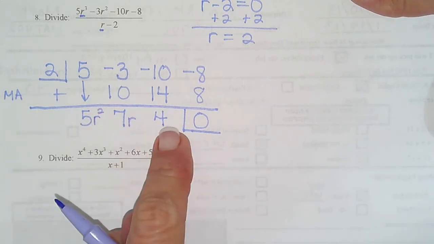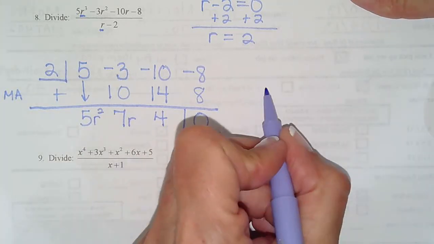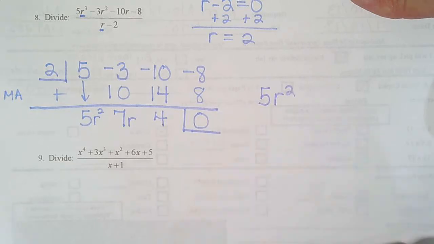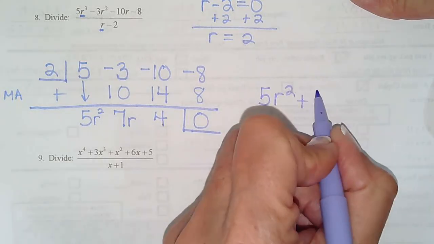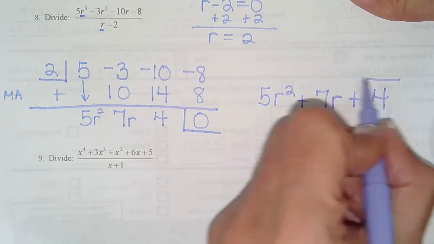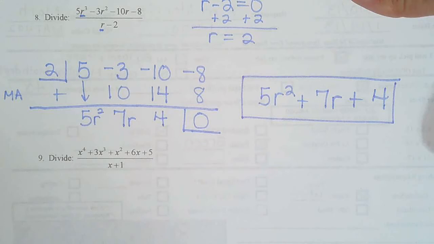This is r. That'll be my constant. And there's no negative symbols, so there's all positives between each term. So 5r squared plus 7r plus 4. No remainder. Beautiful. Awesome, huh?